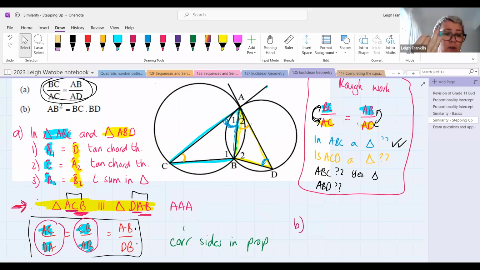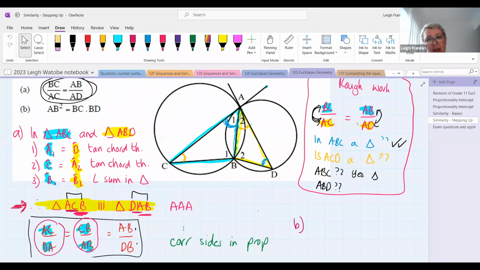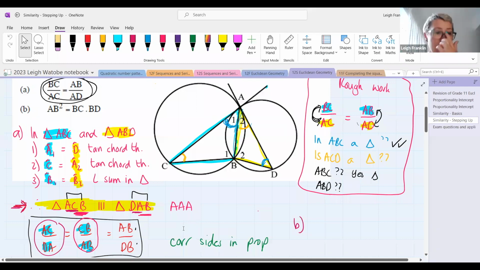Once we prove the triangles are similar, we then have to write the triangles in the correct order. And once we've got our triangles in the correct order, we then need to write the corresponding sides in proportion. And then we can produce whatever manipulation it is that they want us to do. So there are 4 big steps here in order to be able to prove what they are asking us to do. So this is super, super high order. All right, it's not easy at all.